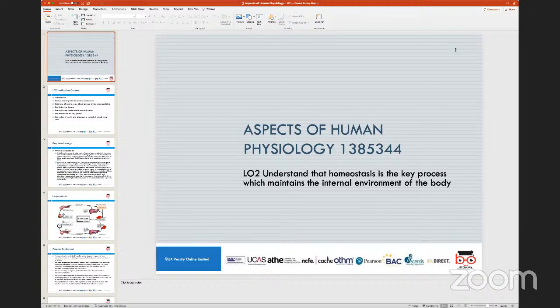But these are ways through which the body tries to maintain the internal environment. That is, the body has the ability to regulate and keep these physiological parameters in check, and there is a range in which these parameters have to be present.